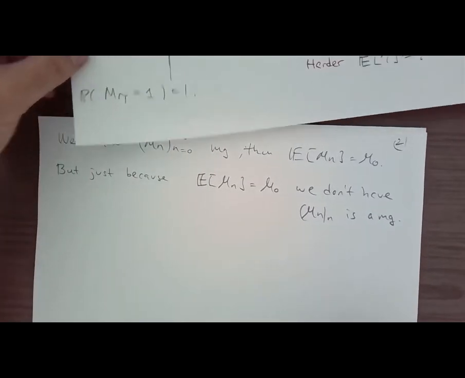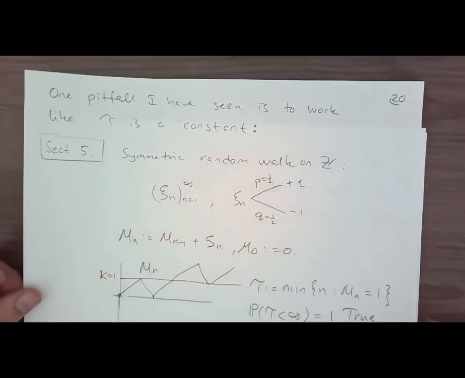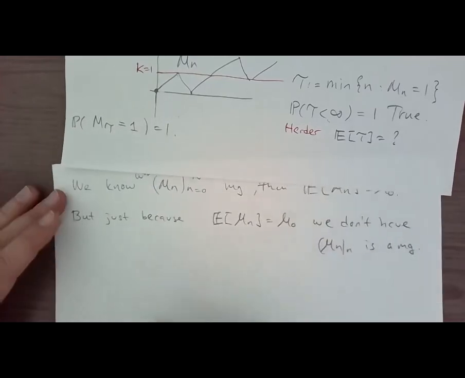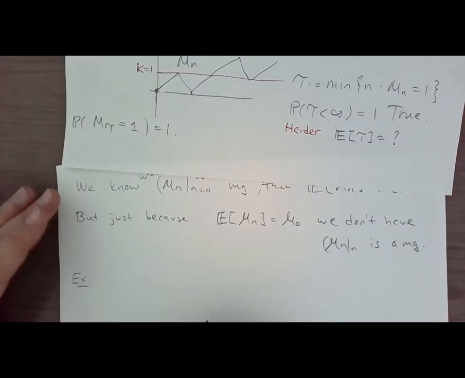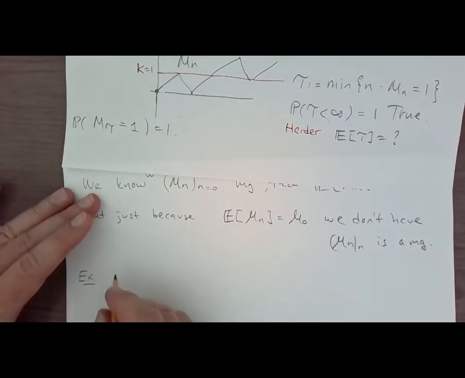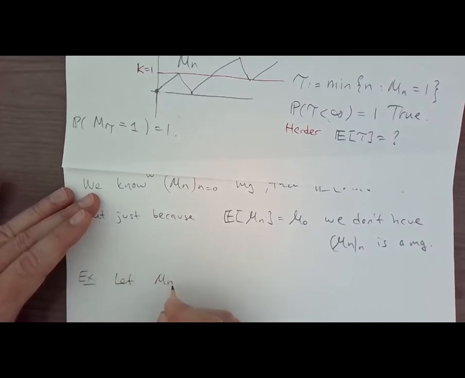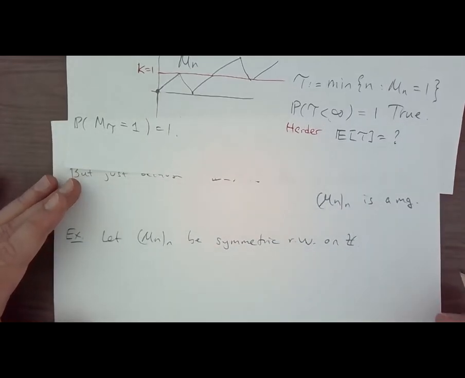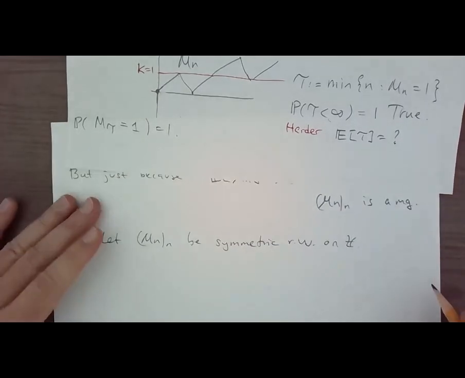Right, so for example, if you take this symmetric random walk that we had up here, this was a martingale, right? So we let M_n be this symmetric random walk on Z, then that's a martingale.